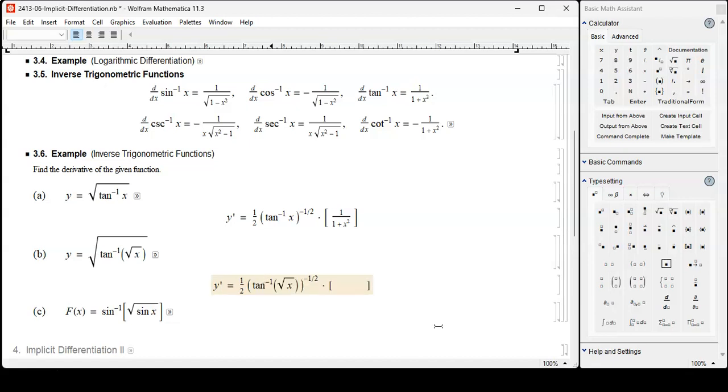And then we can multiply the derivative of the inside. What's the derivative of the inside? Oh, that's another composite function, so another chain rule. So alright, let's apply the chain rule. Derivative of the outer function, oh, it's arctangent. So okay, here's the formula. And then we have to multiply derivative of the inside. This is square root function, so multiply by power. Subtract 1 from the power. Looks like that's the derivative of inside, and looks like that completes the problem.